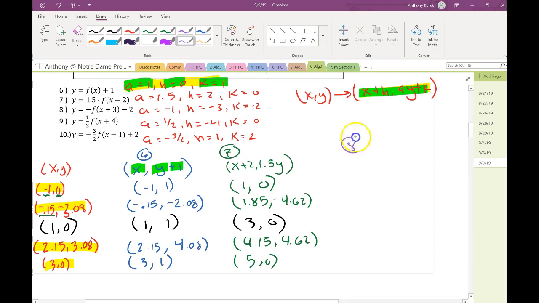Okay, let's do 8. So I have x minus 3, negative y minus 2. So I'm going to have negative 4, negative 2. Negative 3.15, comma, negative 5.08. Oops, that's not right. 1.08.